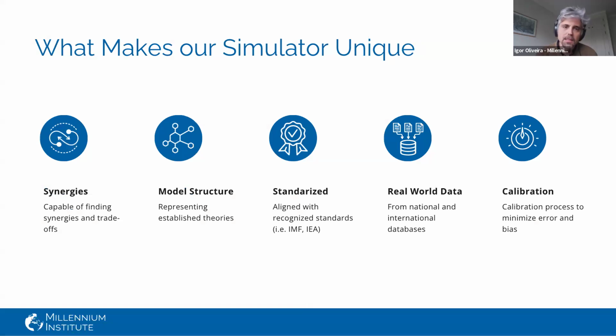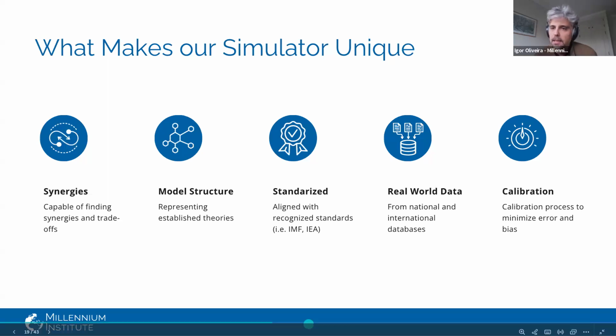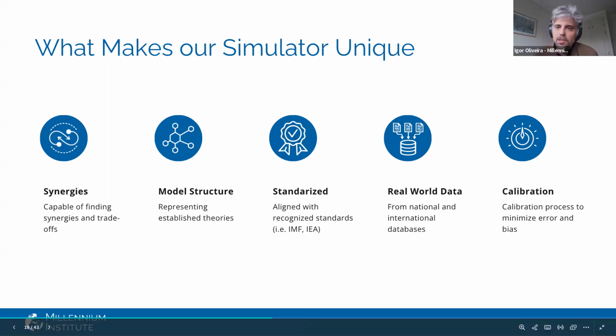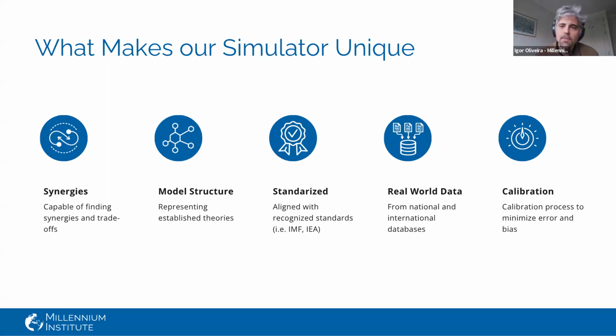First, let's take a look at the key features that make our modeling framework and our simulator quite unique, right? It is a type of simulation model that is able to compute trade-offs and synergies across policy areas and policy options and policy portfolios.